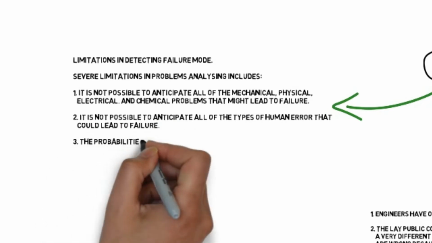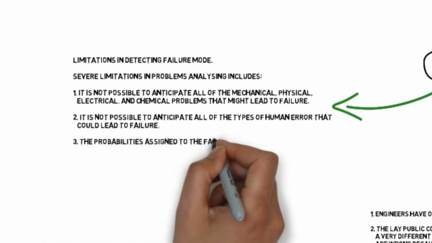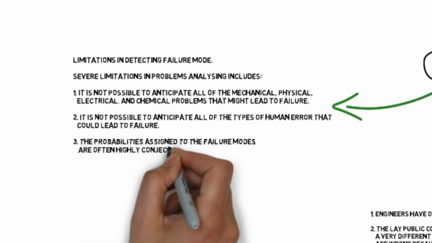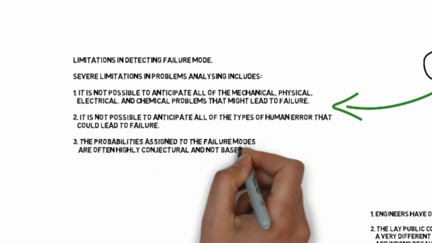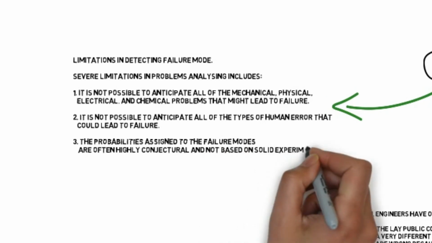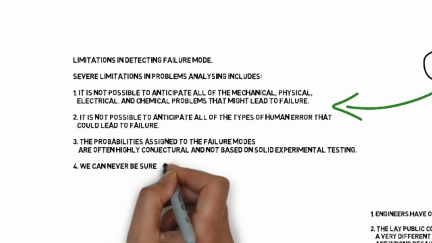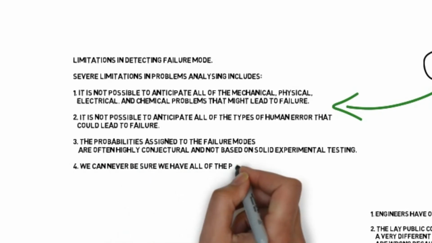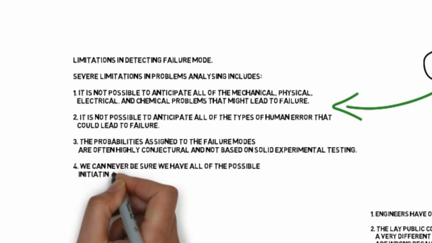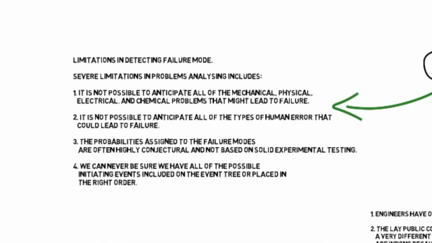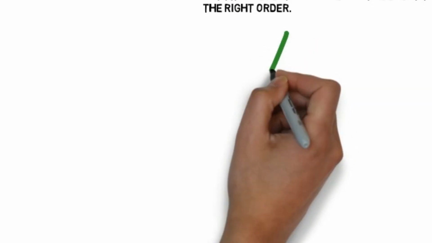The probabilities assigned to the failure modes are often highly conjectural and not based on solid experimental testing. We can never be sure we have all of the possible initiating events included on the event tree in the right place and right order.